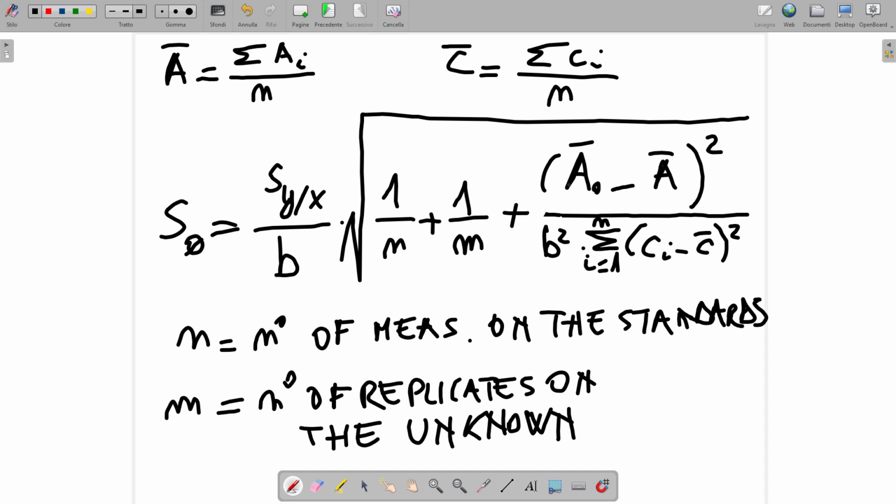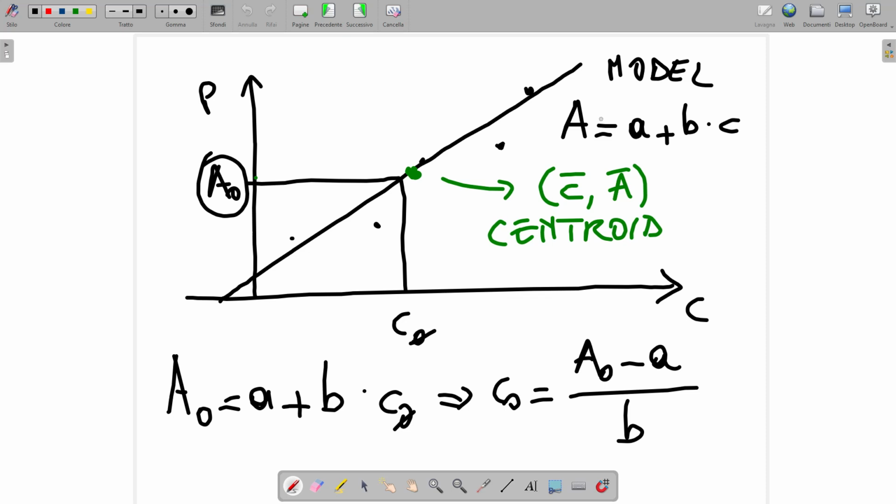It means that the best case is when this signal, this area of the unknown, is close to the middle. It is hopeful to have the area of the unknown very close to the average of the areas of the standards.